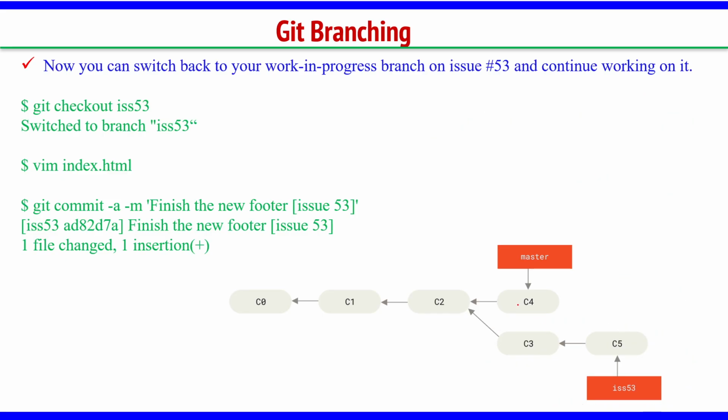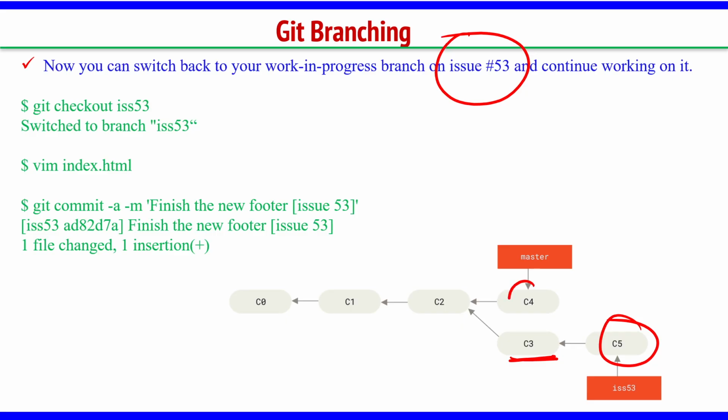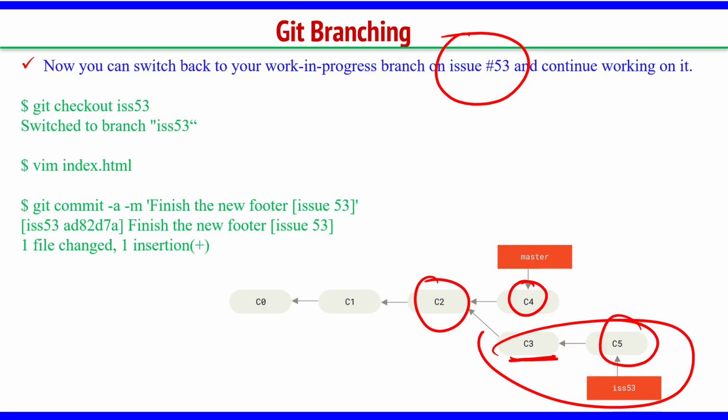So, what you did? You simply went back to your C3, you made another commit C5 as part of this requirement. As part of this requirement, you were making one change there, right? It is worth noting that the work you did in your hotfix branch is not contained in the files in your branch. Whatever changes you made in C4 is not available in these two, because you took C3 from C2 only.